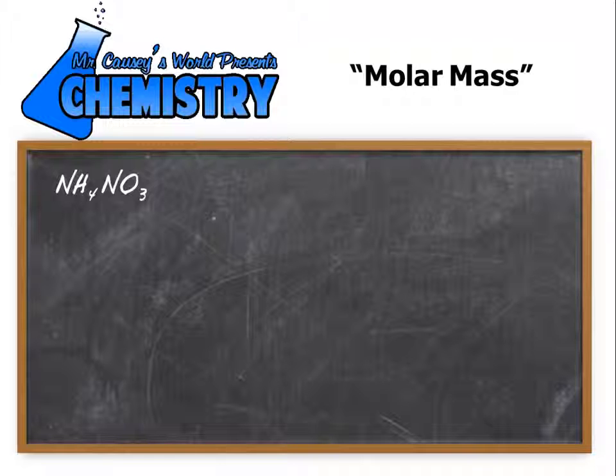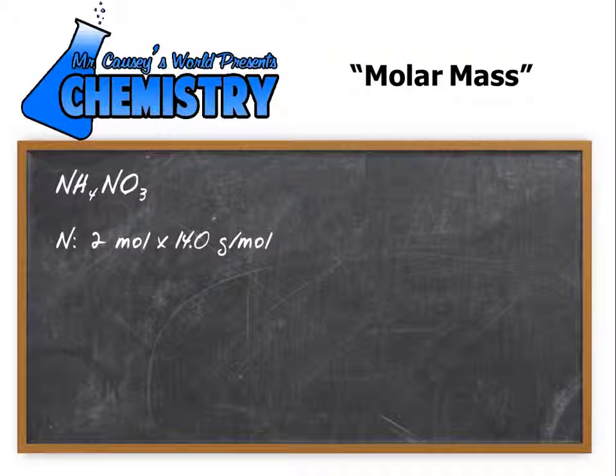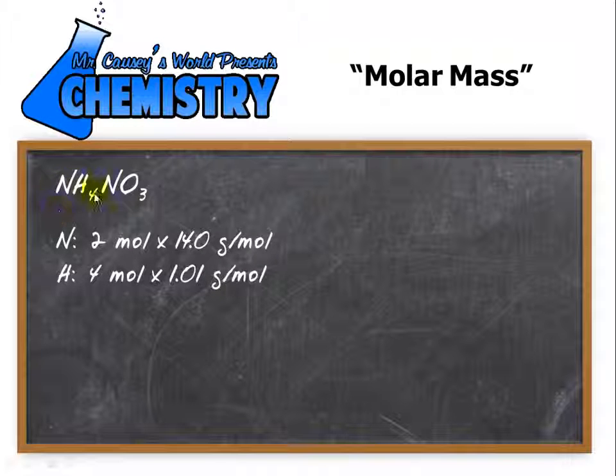First of all, we have our ammonium nitrate, and we want to note here on the ammonium nitrate we have 2 nitrogen, and if you look on the periodic table, nitrogen is 14.0, and so 2 moles times 14 grams per mole. Then notice we have 4 hydrogen and we have 3 oxygen.